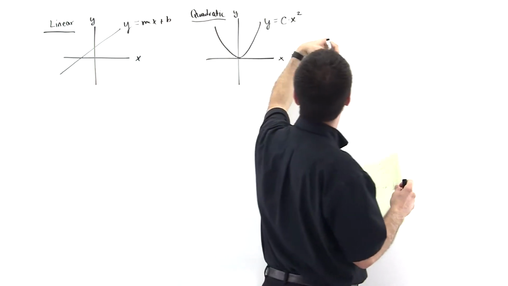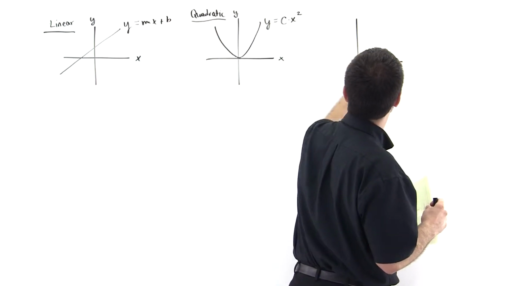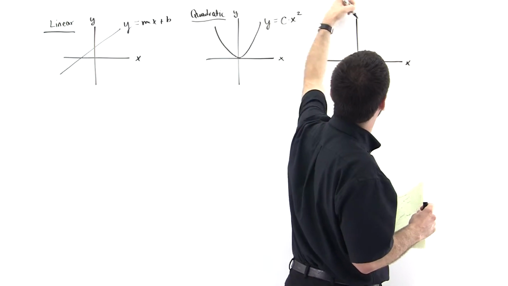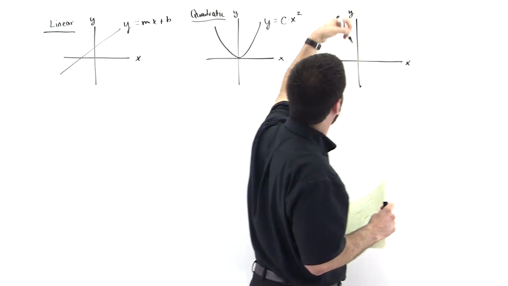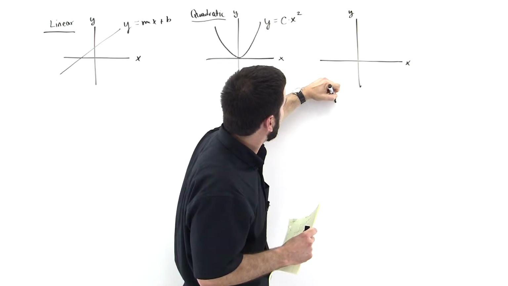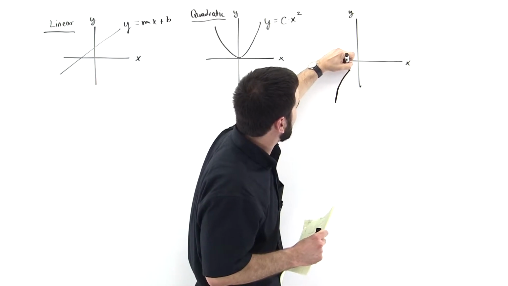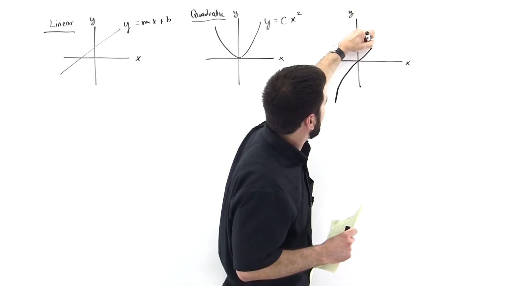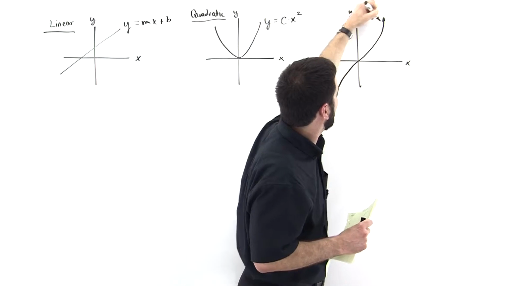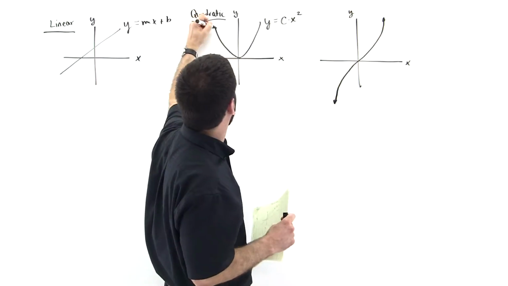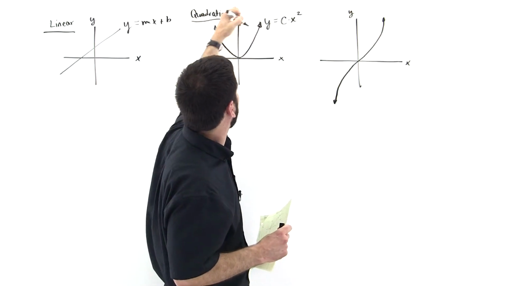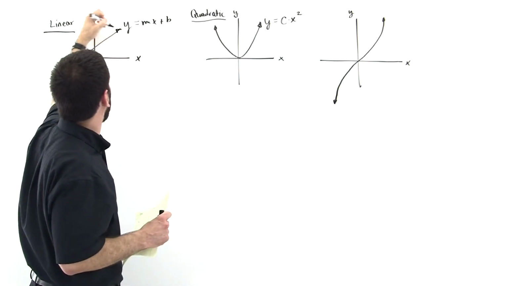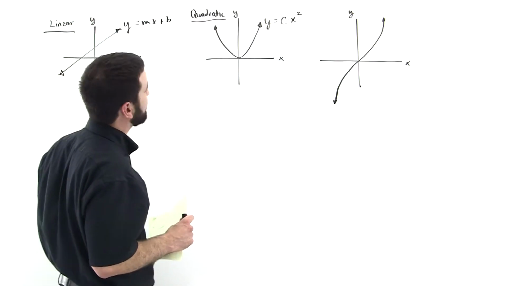Okay, the next graph that we'd like to take a look at is the cubic. So cubic will come up from the negative x values and will go up like this. Now, of course, they're understood to be arrows, meaning that they extend to infinity in their respective directions.